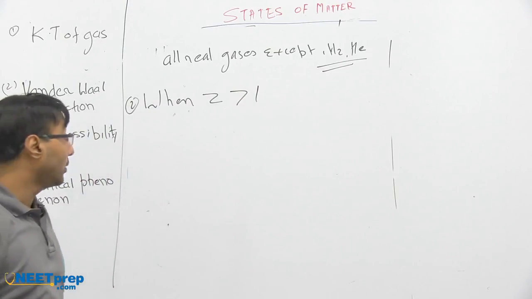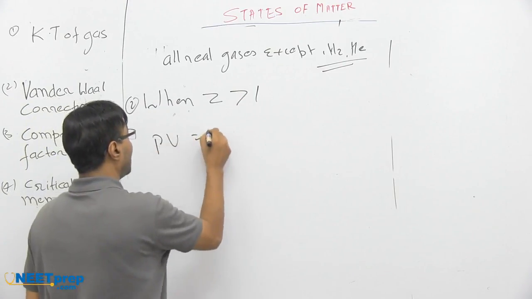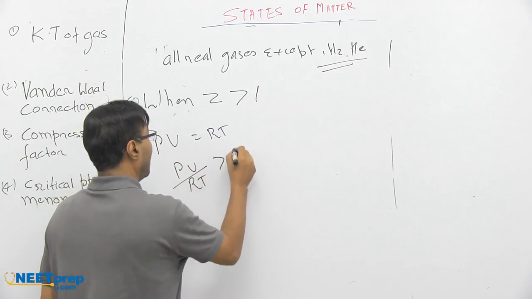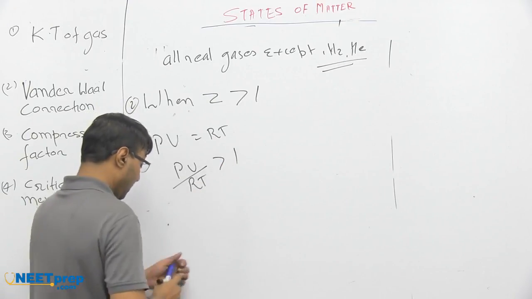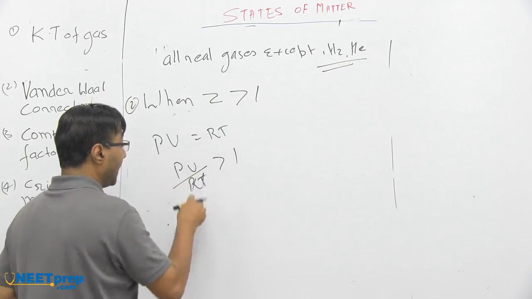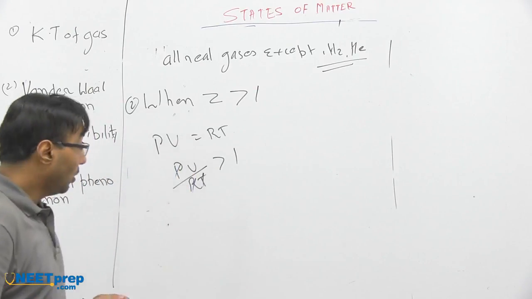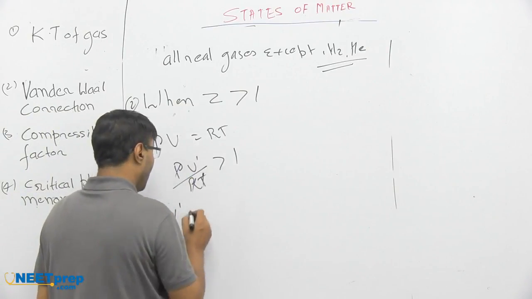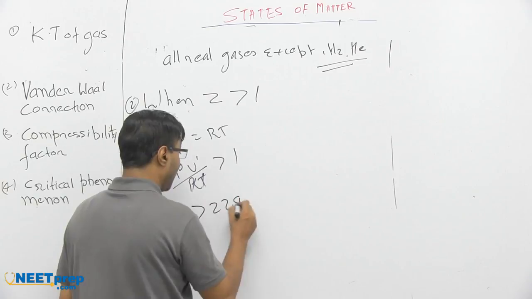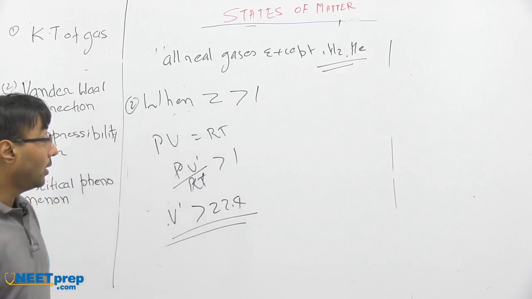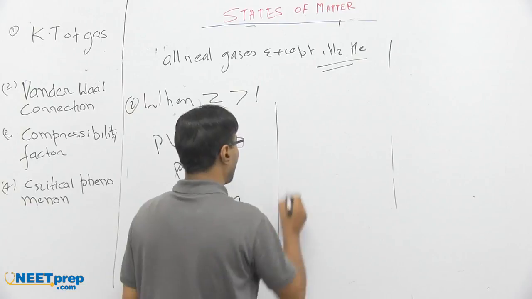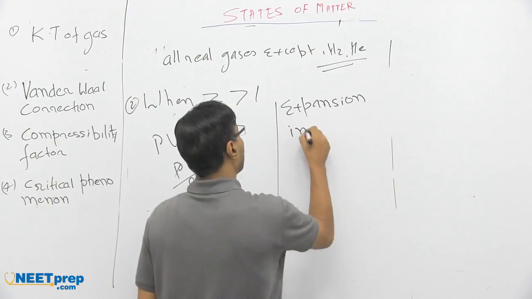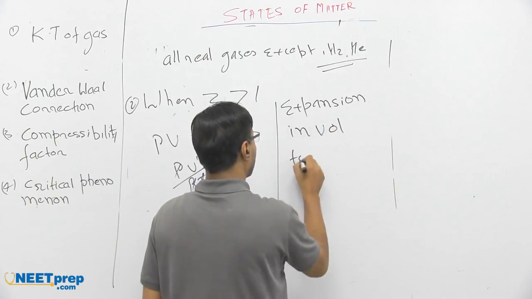When Z is higher than 1, PV by RT is higher than 1. Again, since it is carried out at the same temperature and pressure, the volume is what changes. It is higher than 22.4 liter. It means expansion in volume took place.